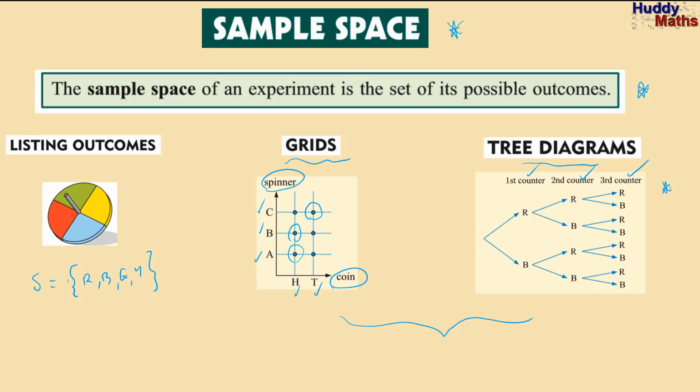The idea here is the first one could be a red, then another red, and then another red. So that outcome would be RRR. Or you could go RRB, a red followed by a red and then a blue. So it's not a bad way of looking into the total number of outcomes, and that is the sample space, isn't it?